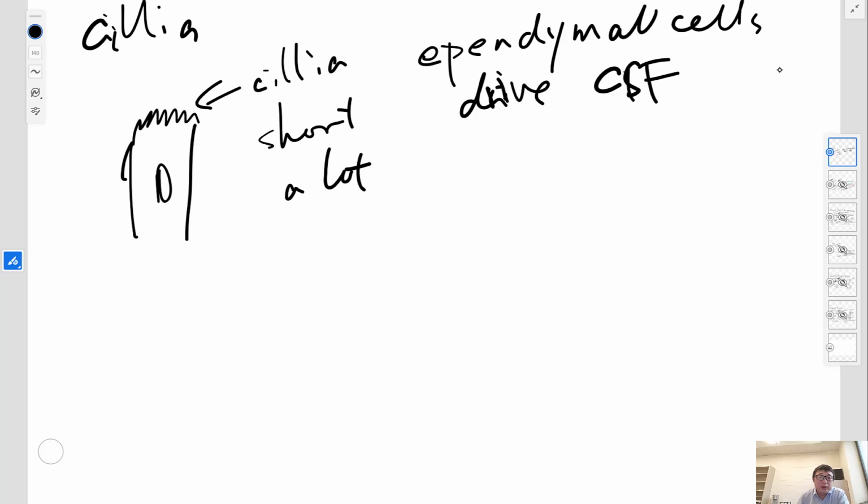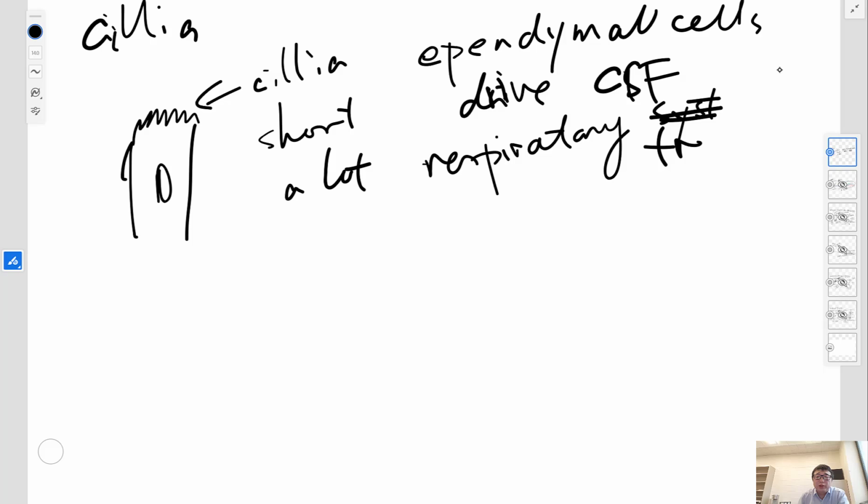Another type of ciliated cell is on the surface of the respiratory system, the trachea or airway surface, moving the mucus forward. It is constantly moving the mucus on the surface of the respiratory tract toward our throat to spit it out.